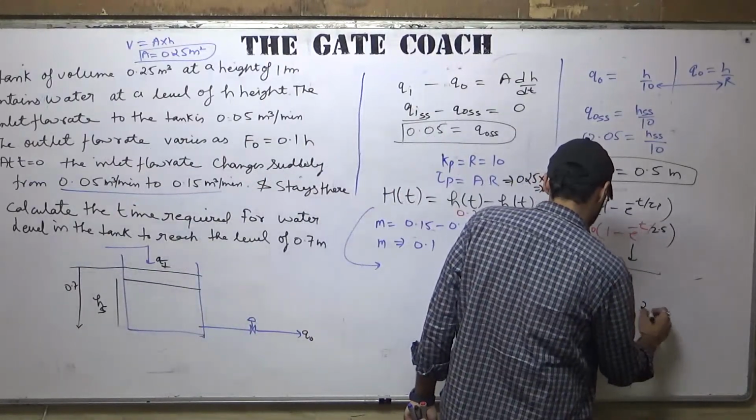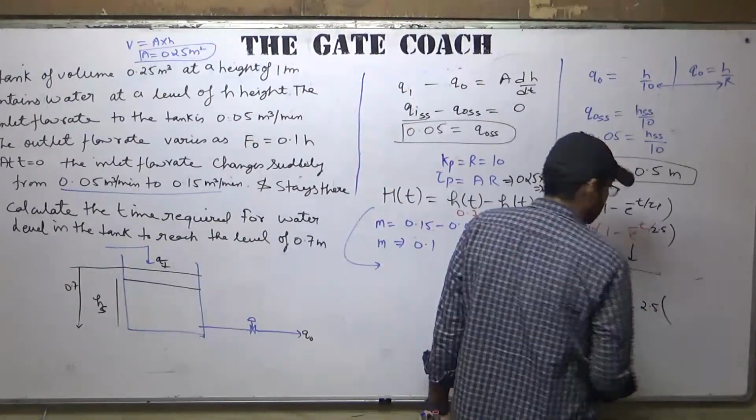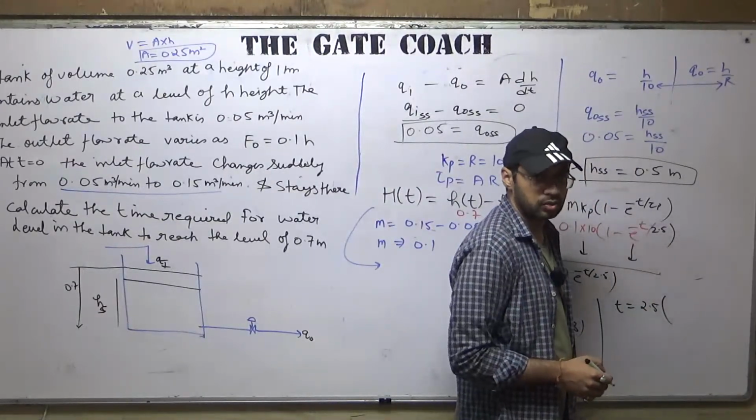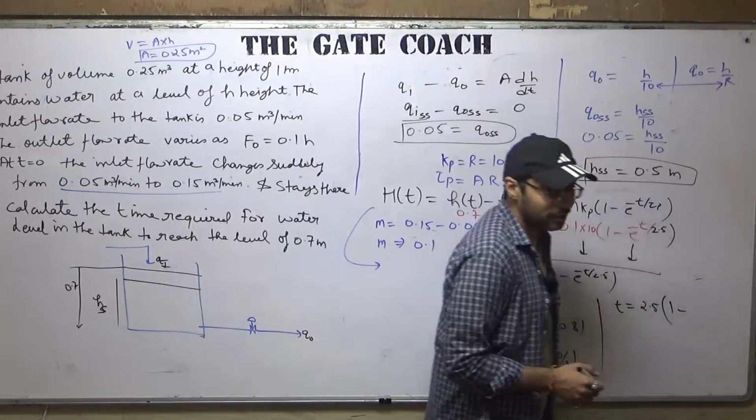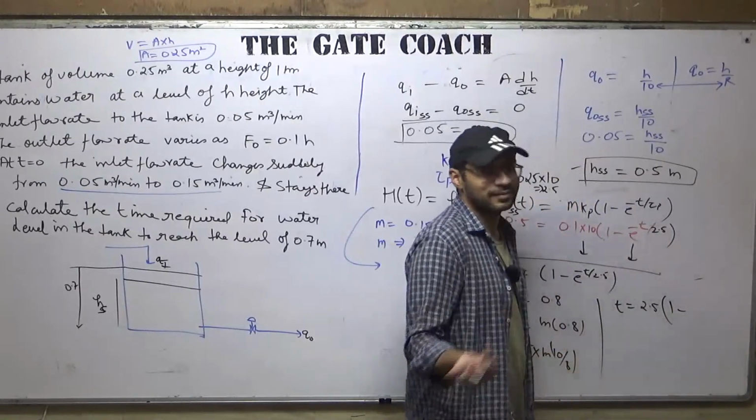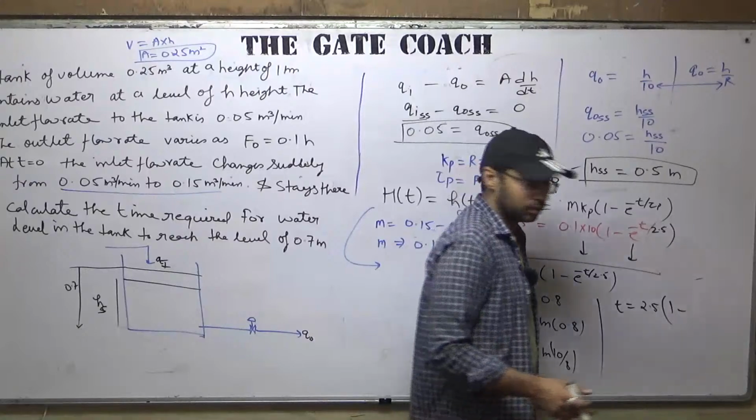t is equal to 2.5 into ln 10, how much is it, 1? So 1 minus ln 10 is not 1, na. Yes, that's why I'm asking you about this thing.